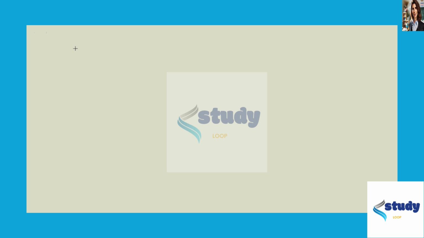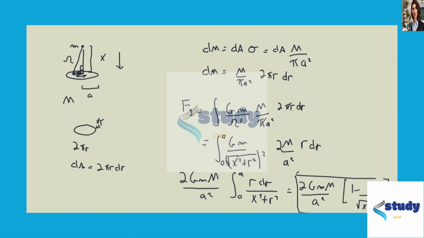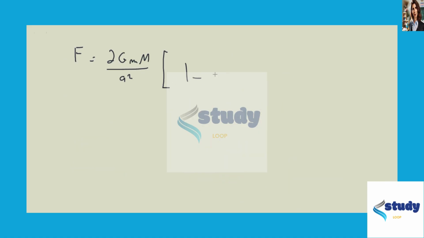So we have our force is 2 G little m big M over a squared, and then we had 1 minus, and now if we do a binomial expansion on this second term here, we'll get that that is equal to 1 minus 1/2 of a squared over x squared.